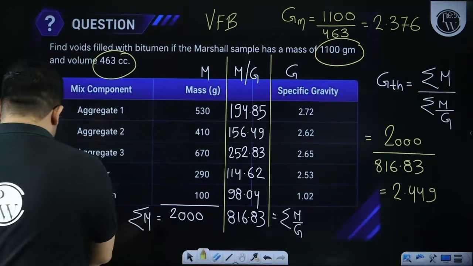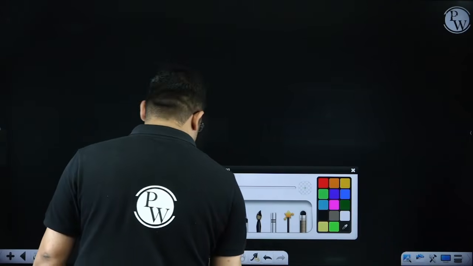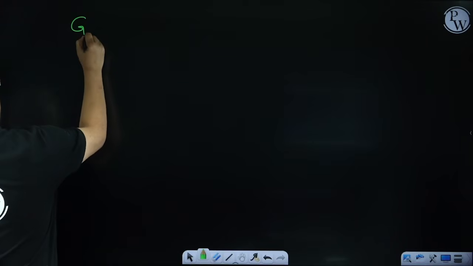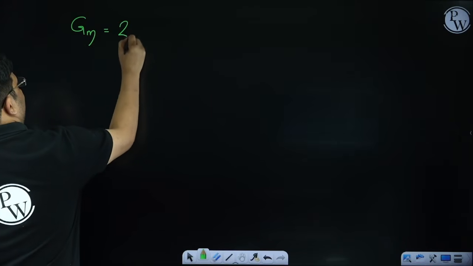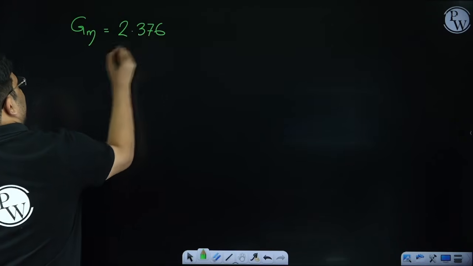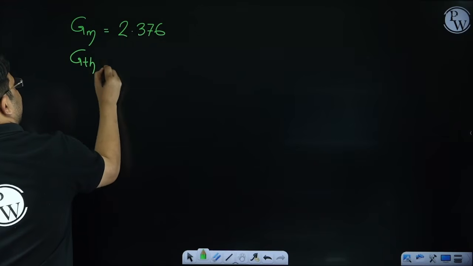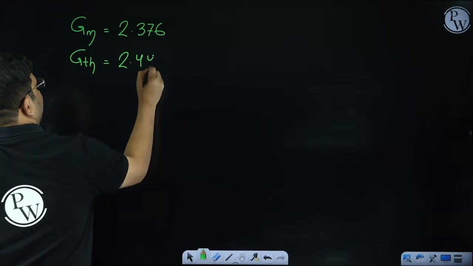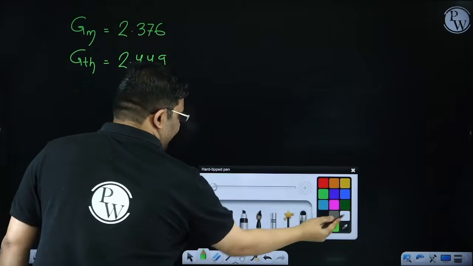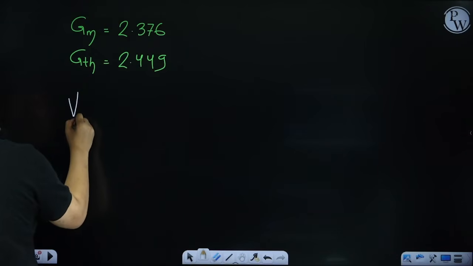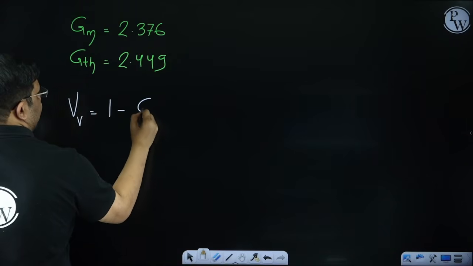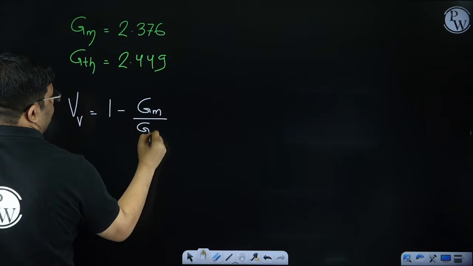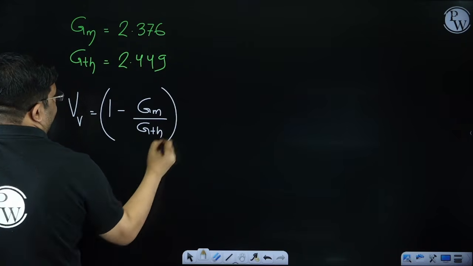So now I can find out the percentage air voids. How? You see, I got GM 2.376. I got GTH, that is 2.449. So next I can find out the percentage air voids: 1 minus GM by GTH into 100.